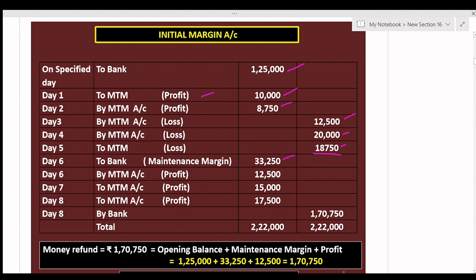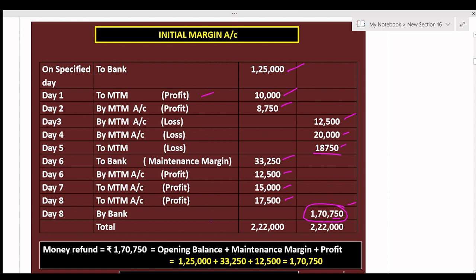Now profit 12,500, 15,000, 17,500, and the last balance, the closing balance of the initial margin, is 1,70,750 that will be refunded to the party, that is bank account debit to initial margin account 1,70,750.